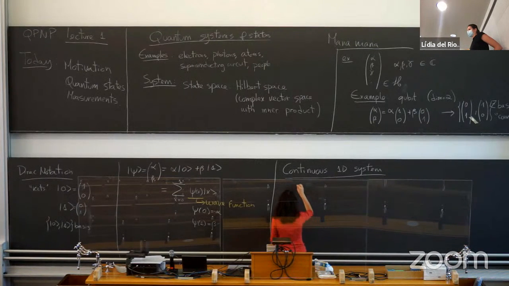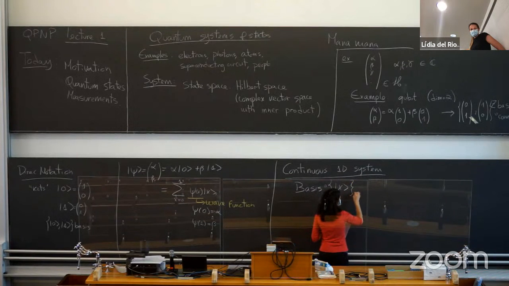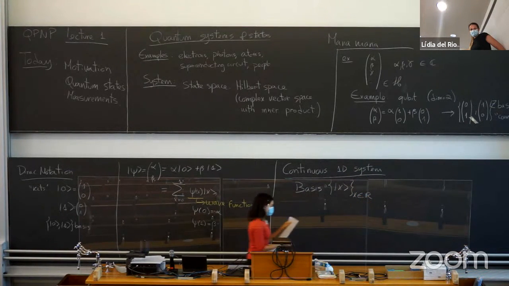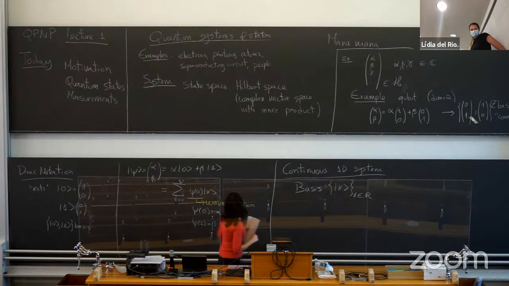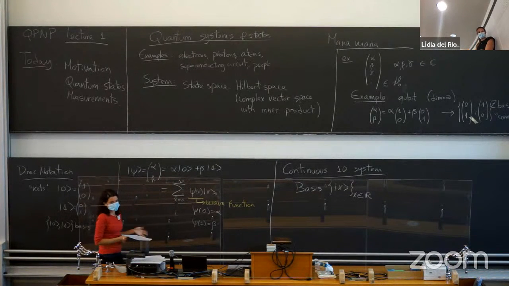But so, for example, suppose you have the basis formed by all states |x>, and now x can be any real number. And I tell you now that this is an orthonormal basis, and we just take it for granted. So then again, we expand a state, any state, just like we did here. What happens to sums when we go to continuous systems? They become integrals. That's it, right?